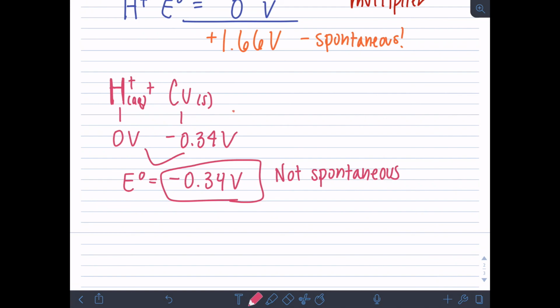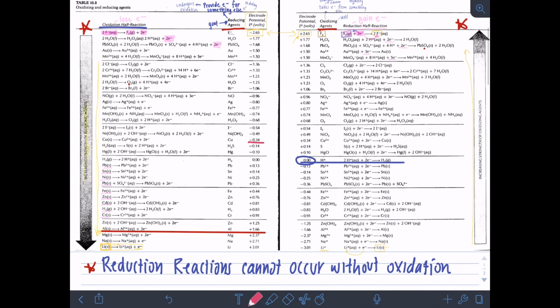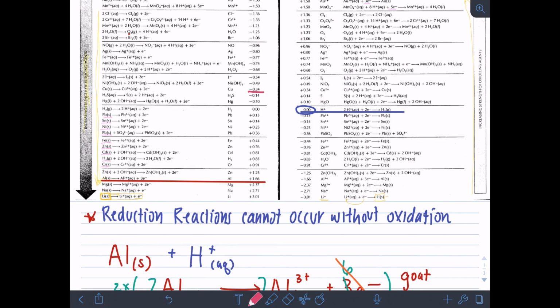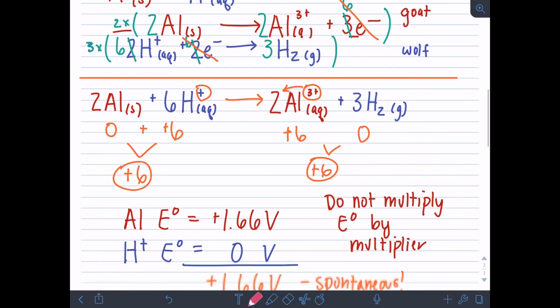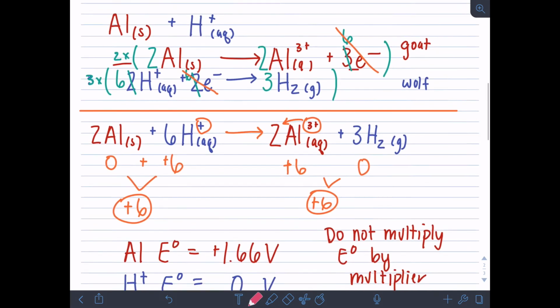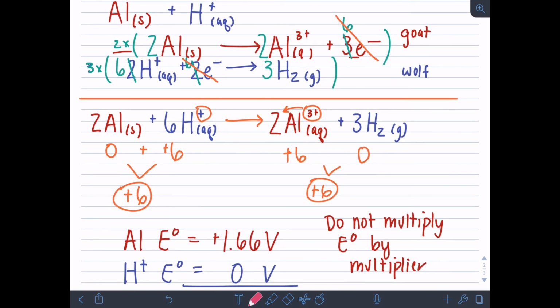This reaction would require the input of energy to make it happen. So that's a way that you can look at these electrode potentials and tell whether or not a reaction will proceed. This tells you if reactions are favorable or unfavorable, and if they'll happen spontaneously. So that's some short instruction on how to do combining half reactions.